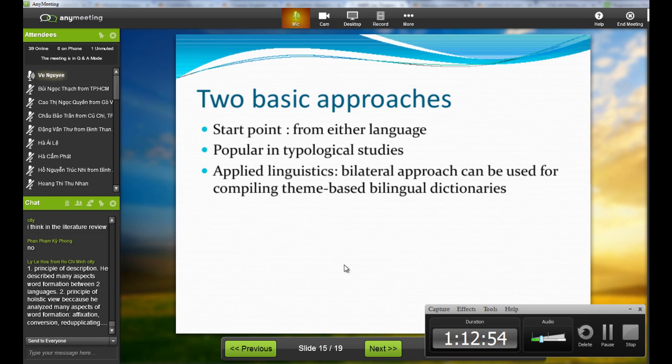For example, when we want to prepare dictionaries on different domains, different topics, in terms of sports, in terms of family relationships, in terms of food, for example, we can see the same domain in two languages.